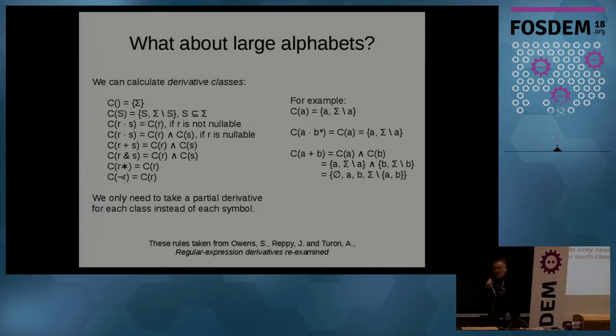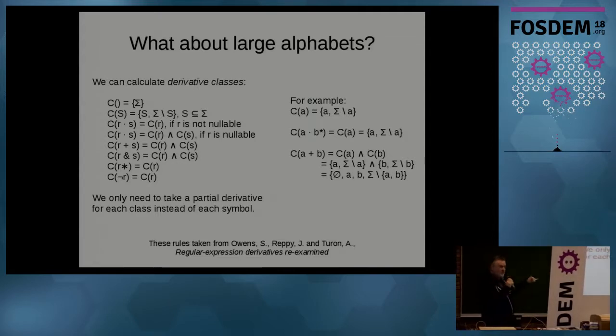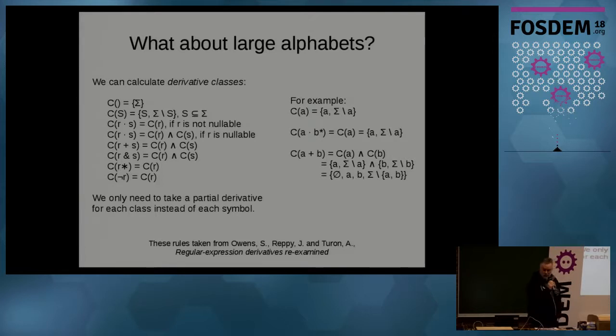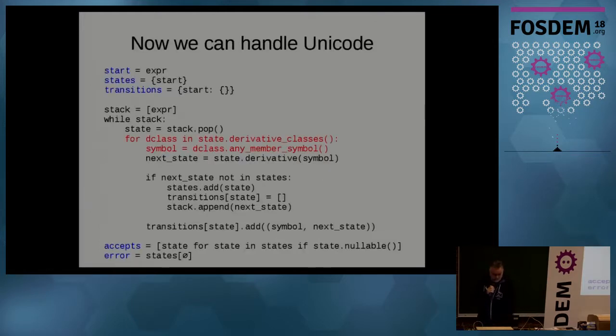And so we only need to do two derivatives if we're going for that algorithm for the regular expression A. And similarly, I've got a bunch of examples there. We don't have time, but there's a set of rules again. You can easily program them. That's probably the important thing. So now we can handle Unicode, which is nice.